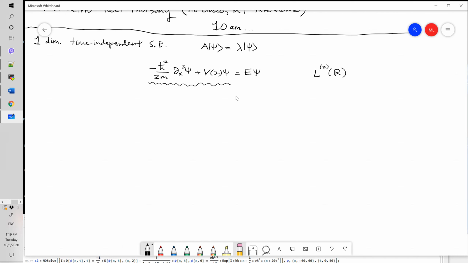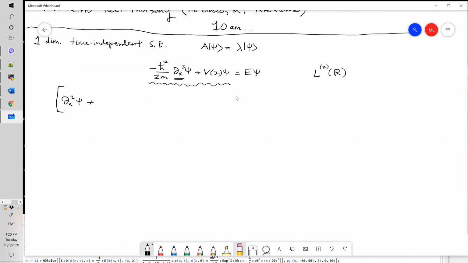And you can solve it for different kinds of potentials, which is sort of what we're going to be doing. It's convenient to rewrite this to get these derivatives out by themselves, because it makes it a little bit cleaner. So if you have the derivative by itself, then you can rearrange things.